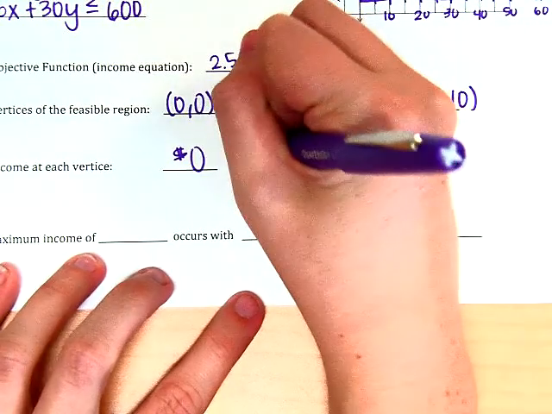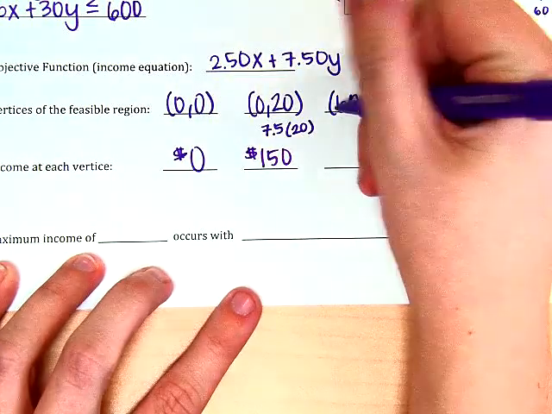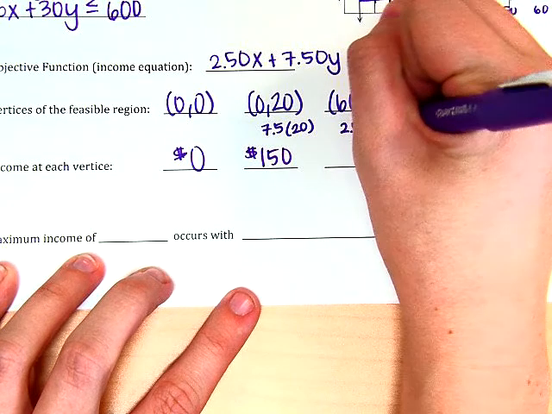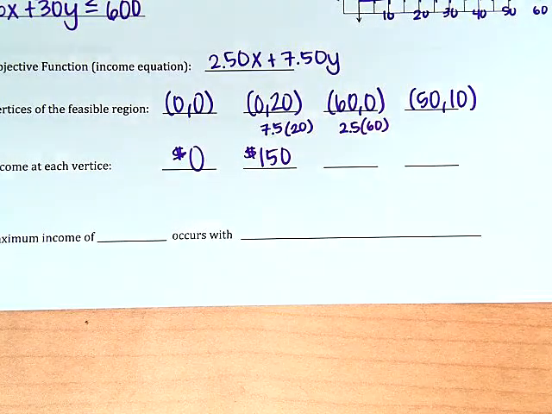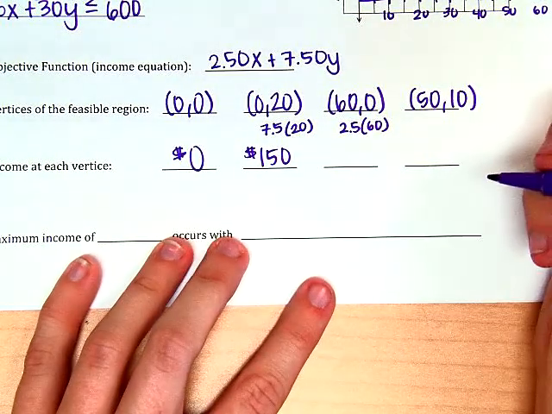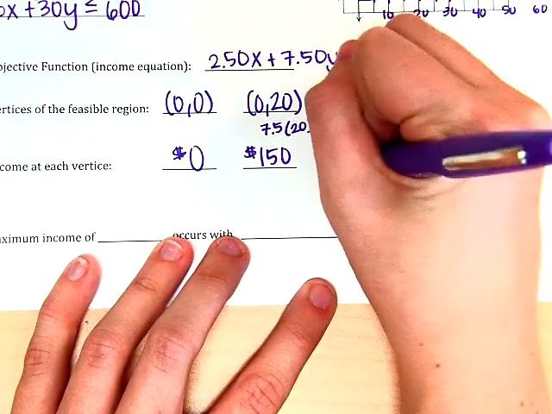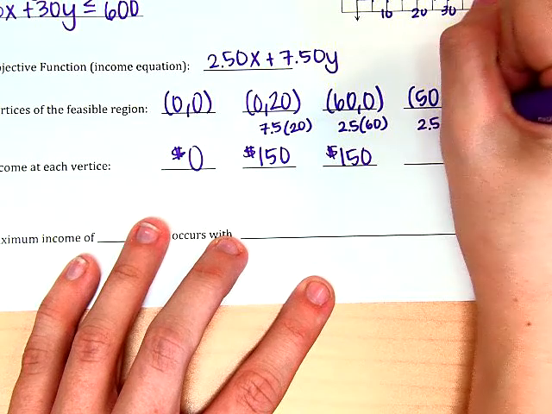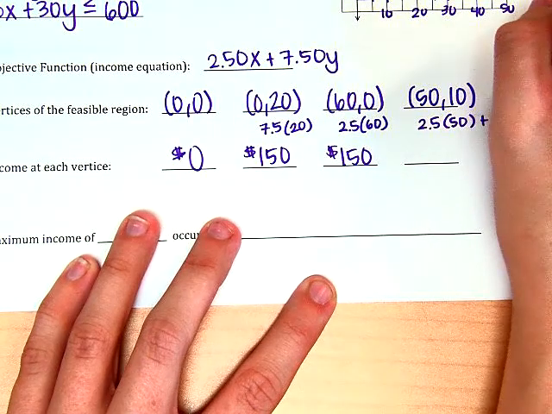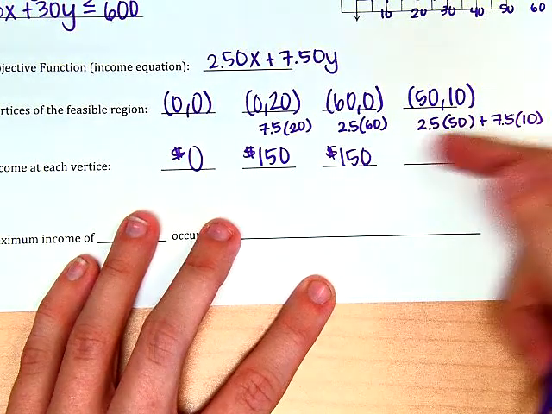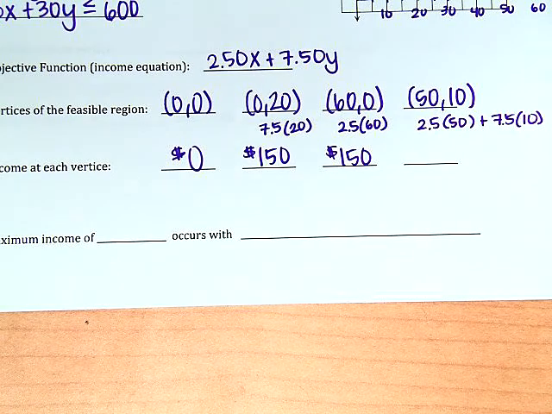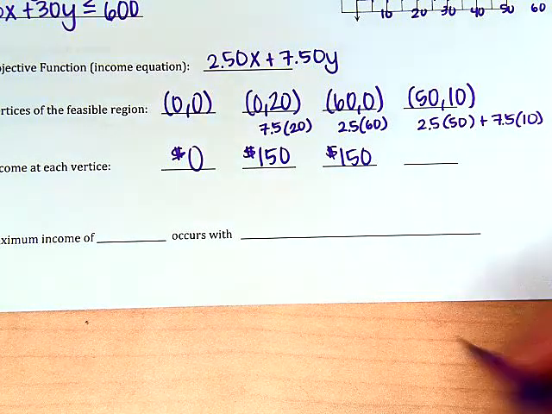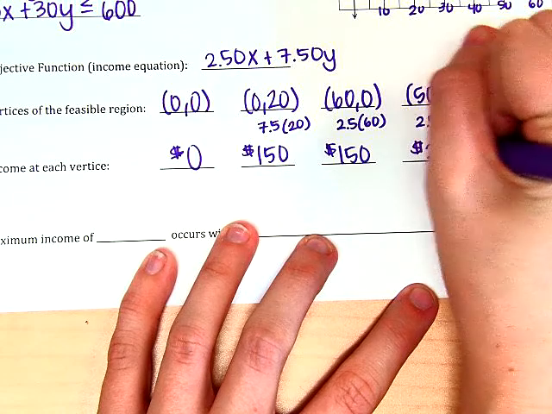I'm making $150 if I have 60 cars but no buses. And if I have 50 cars, 250 times 50 plus 750 times 10, so these two added together, I'm making $200.